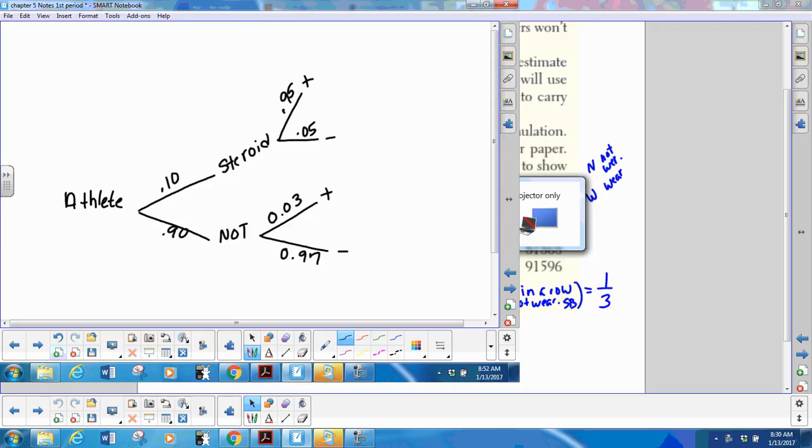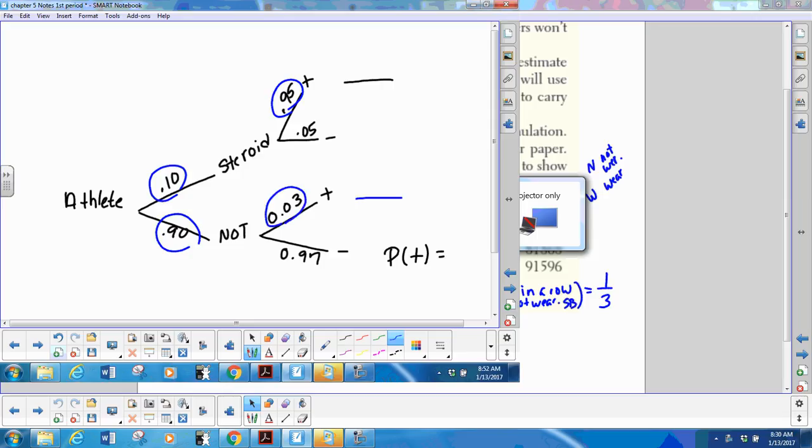What's the probability that they test positive? Multiply, because here are my two ways they can test positive. Here and here, and then here and here.